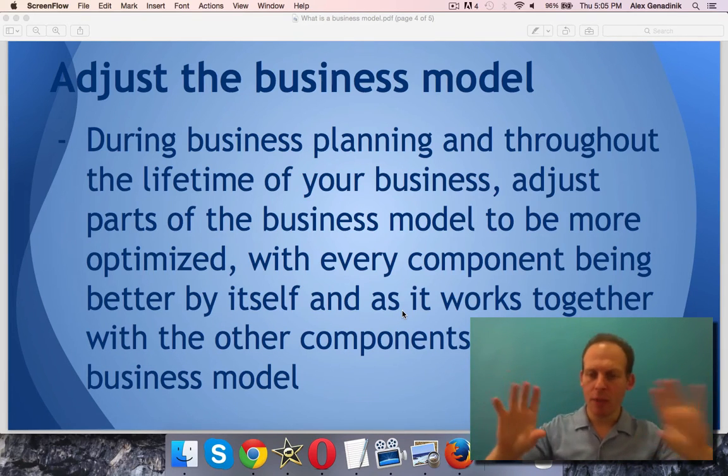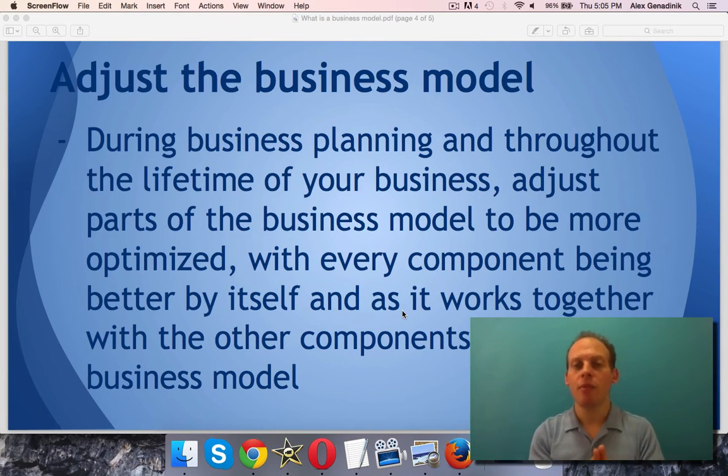Refine each part of the business, so optimizing. For example, making the product better, making your marketing more effective, getting more traffic. And then of course, making sure that even if you change the product a little bit, your marketing strategy still makes sense. Let's say you change the product so much that the target market becomes a little different.